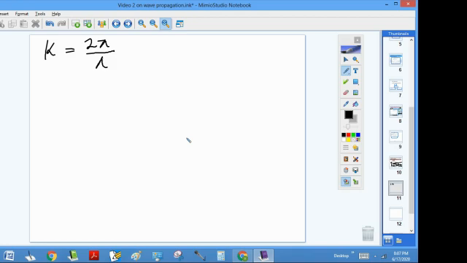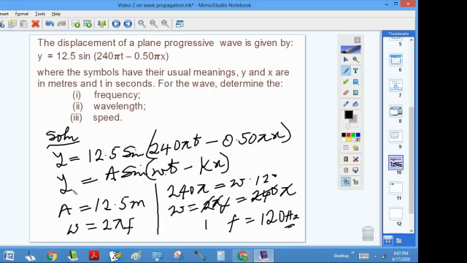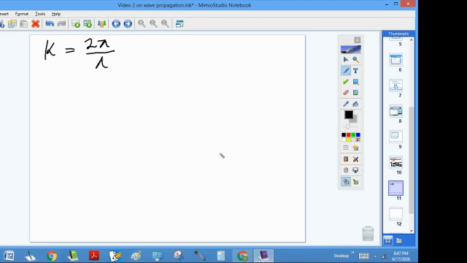K, as represented here, is equal to 0.5 pi. So 0.5 pi is equal to 2 pi over lambda.